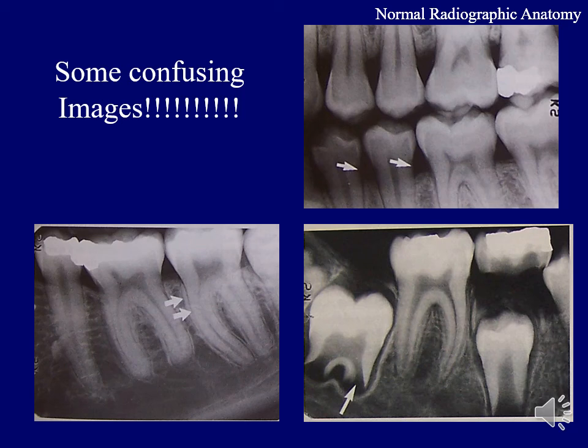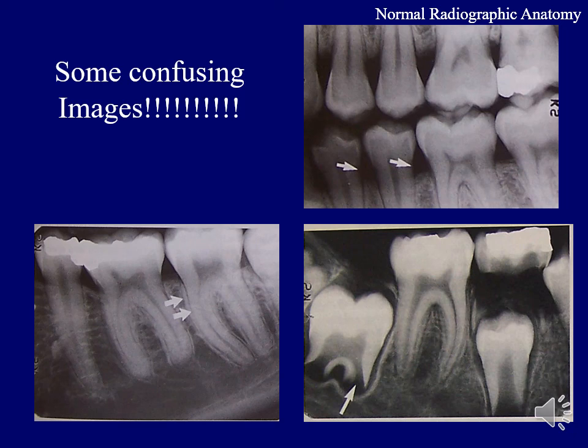The second confusing image is seen on the right hand side top, that is nothing but a developing root which shows a diverging apex as seen with an arrow around the dental papilla, which is enclosed by a radio-opaque bony cleft. That is nothing but a developing tooth.